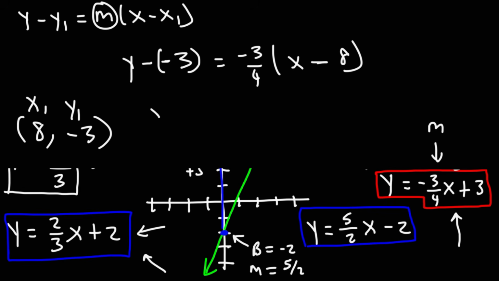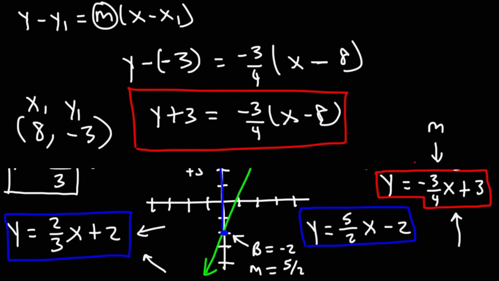So the two negatives will become positive, so we have y plus 3, and it's equal to this. So now we have the same linear equation, but in a different format. We converted from slope-intercept form to point-slope form.